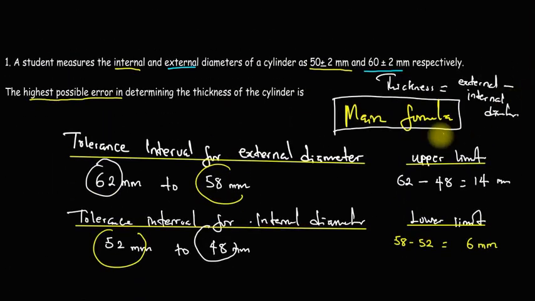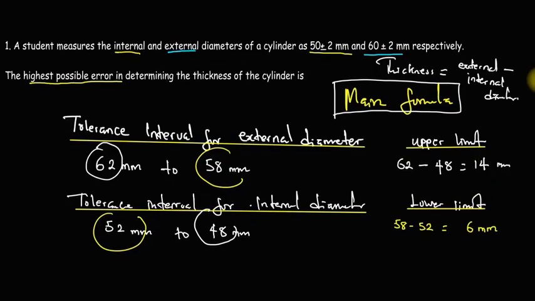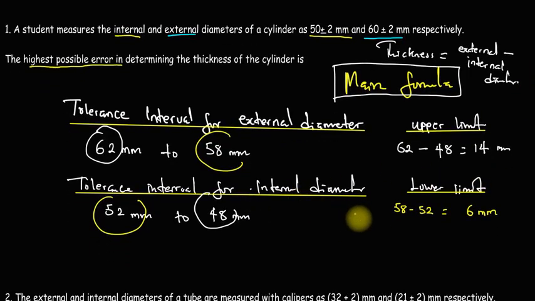So we are going to add the upper limit to the lower limit and then divide it by 2. Take half of that value. So 14 plus 6 all over 2 will give us 10 millimeters.